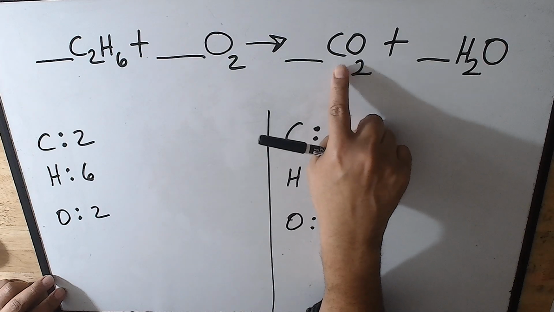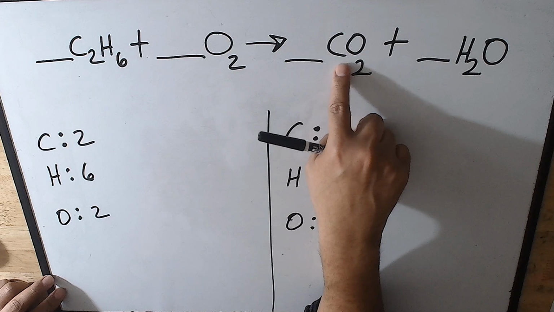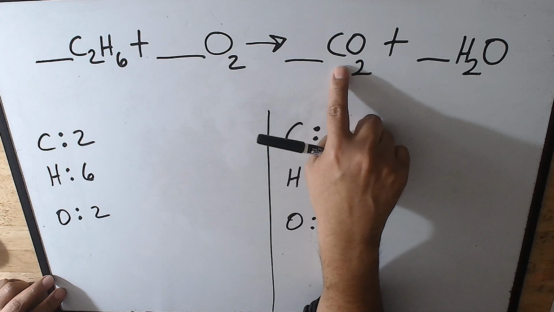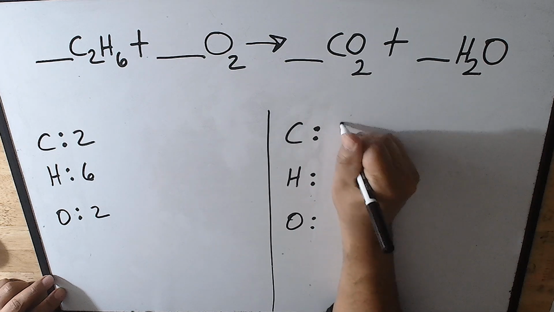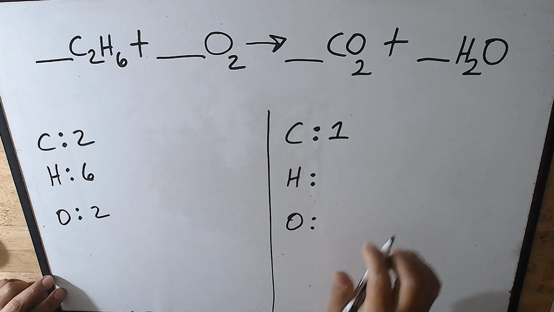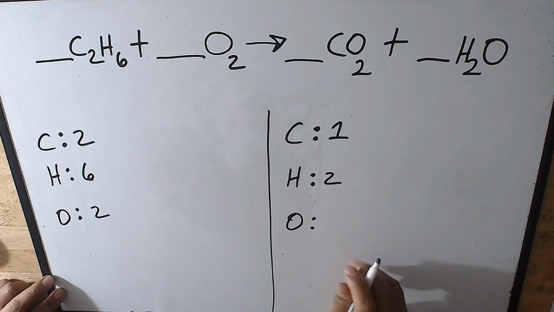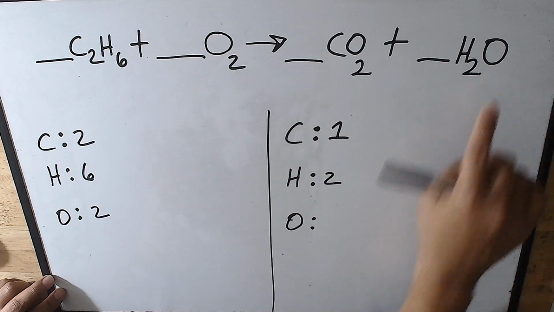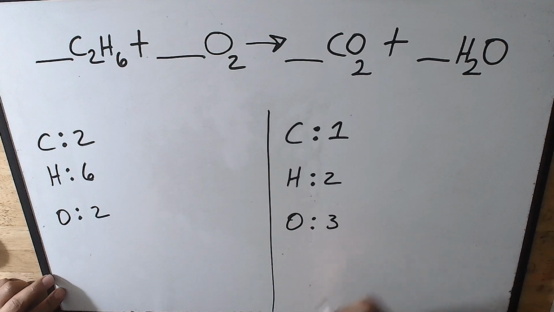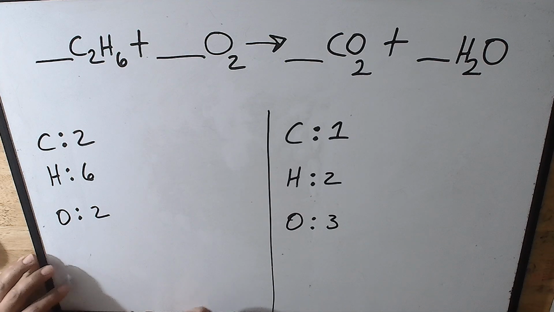And I know there is only 1 carbon atom because if it doesn't have a number, then there's a 1 understood there. And then there are 2 hydrogen atoms. And then 2 plus 1 means that we have 3 oxygen atoms.